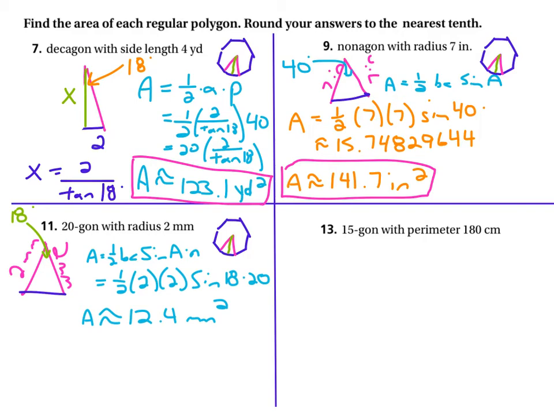Okay? Now, let's keep going. Okay, we've got a 15-gon with a perimeter of 180. So if we wanted to know what the side measure was, and we do, just to be able to find the apothem, I'm going to take this same little sketch drawing that I made, and I'm going to plop it over here, and I'm going to do 180 divided by 15.